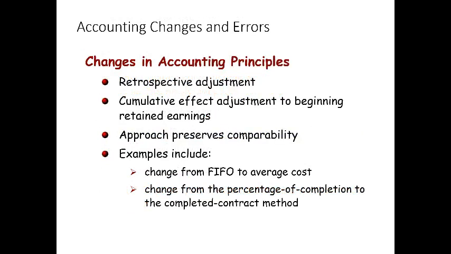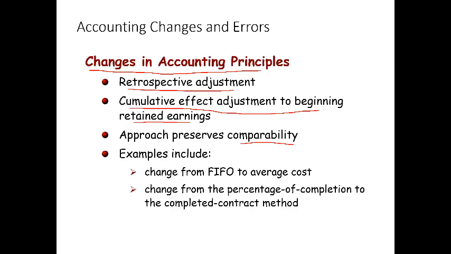Okay, again, for a change in accounting principle, there's a retrospective adjustment, and the cumulative effect of the adjustment is going to affect your beginning retained earnings. This is to allow us to have comparable financial statements, so we can look at last year and compare it to this year.